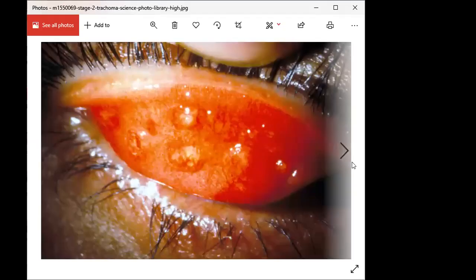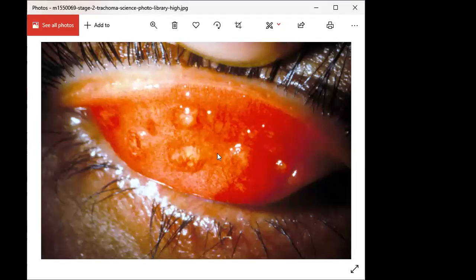This is a typical example of trachoma. These swellings or nodules present here and there are the trachomatous lesions, and the causal organism is Chlamydia trachomatis.